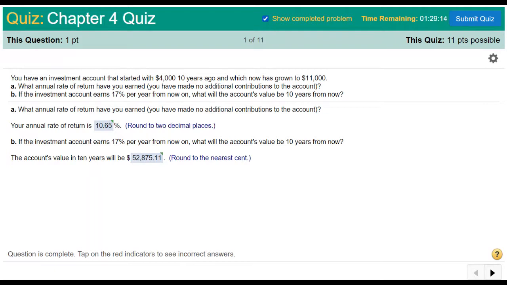So first thing we notice is that it's telling us what the present value was 10 years ago. Let's say it was 2011, and then it has grown to 11,000 in 2021. Right now we're solving for I/Y.